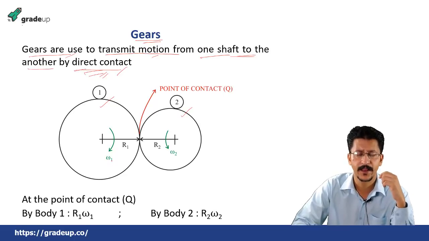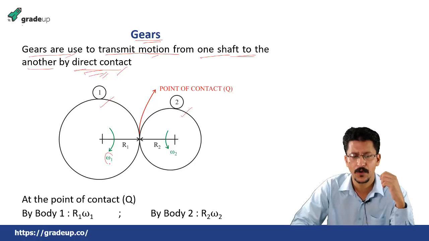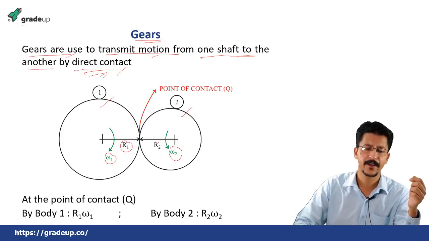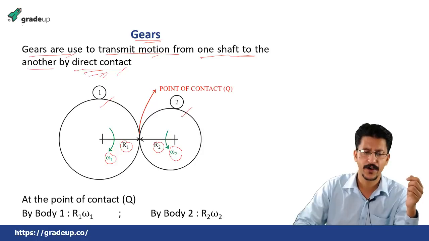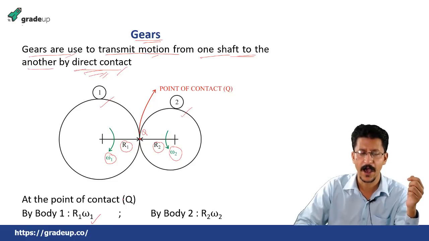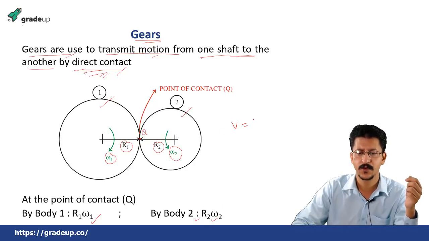If this is rotating at an angular velocity of omega 1 and having radius r1, and this one is rotating at an angular velocity of omega 2 having radius r2, then at the point of contact, say Q, the velocity given by body 1 will be equal to r1 omega 1, and by body 2 it will be r2 omega 2, because we know that v is equal to omega r in case of rolling.